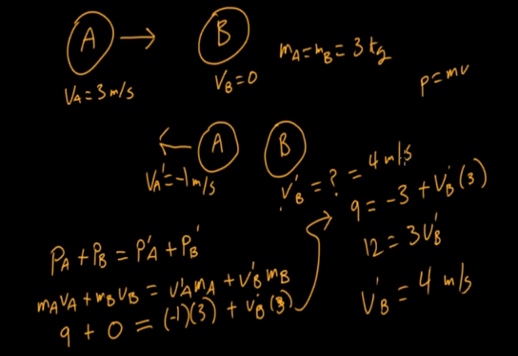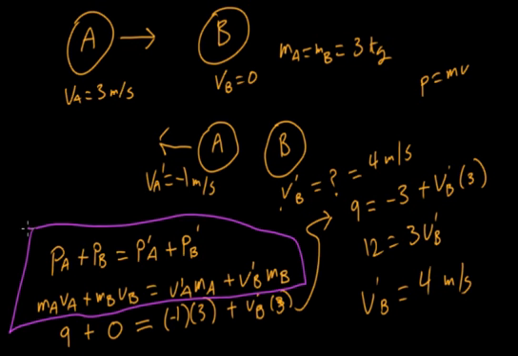I did a lot of explanation here, but the key is really this: the sum of the momentums before an impact equals the sum of the momentums after an impact. So we split it up like this, we plug in, and we can figure stuff out. It really isn't hard at all.